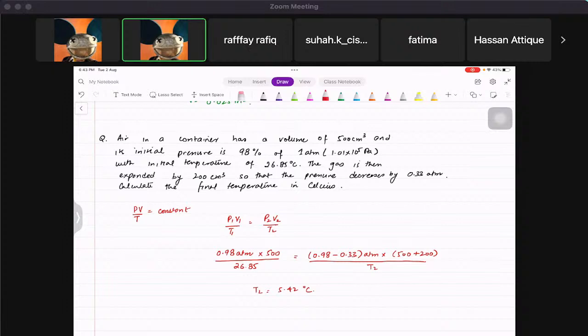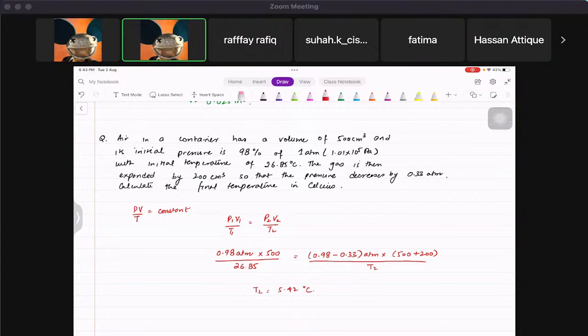Oh, okay. Yeah, it won't be that, because we're not finding any change, okay? Is it clear? Okay. Now, even if you convert it to kelvins, you then have to reconvert to Celsius later. It's up to you, really.